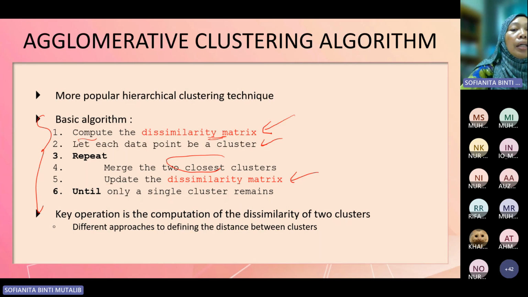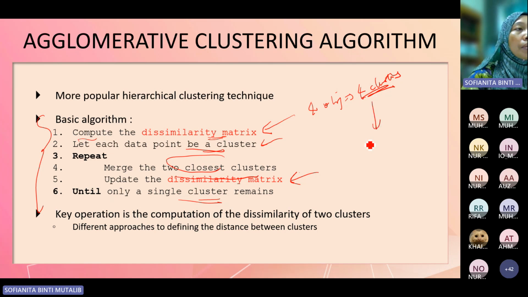So at the end you are going to have a single cluster. Why do we need to update? Let's say originally you have 4 objects. Because we treat each as one cluster, it is 4 clusters.